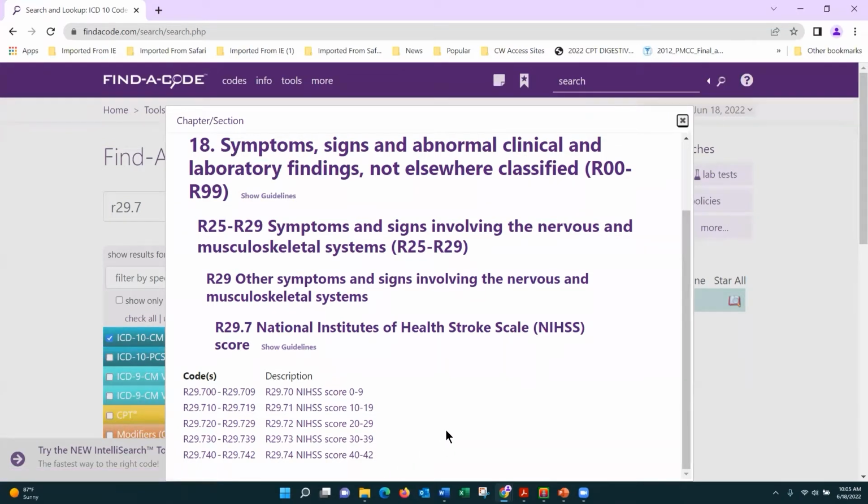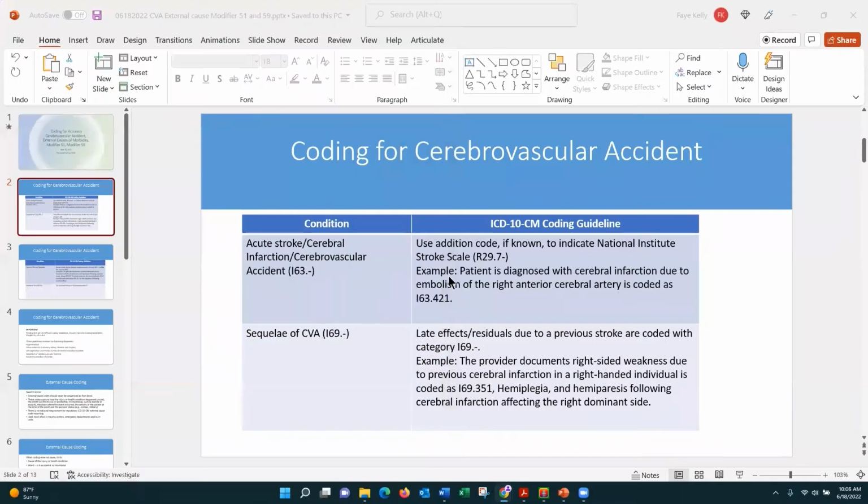And honestly, you won't see this often because you're going to be in outpatient coding. But if you see it in the emergency department, if you're coding ER records, then you want to make sure that you assign the appropriate code. And you find those instructional notes at your I-63 category.